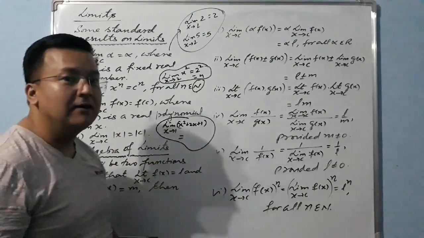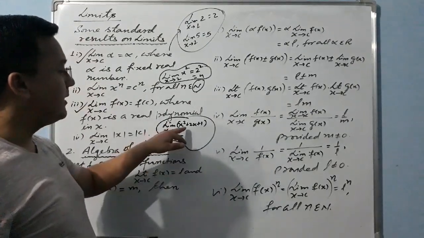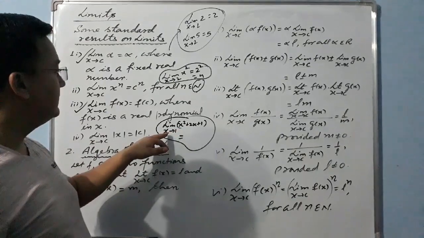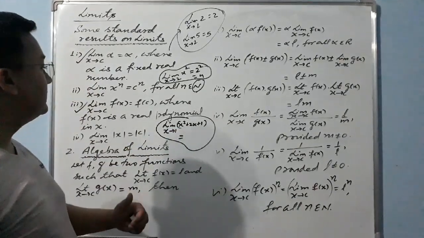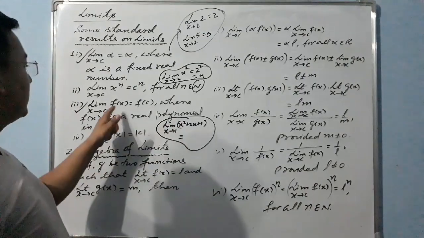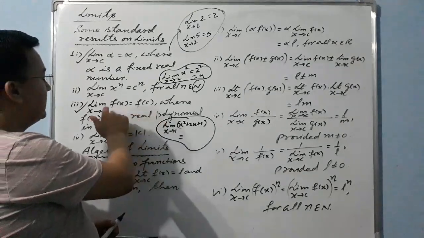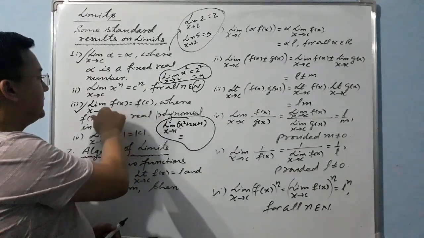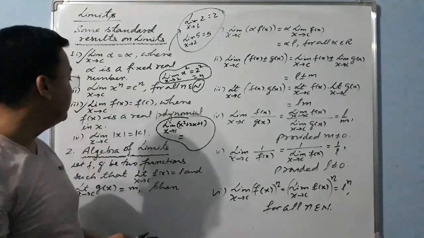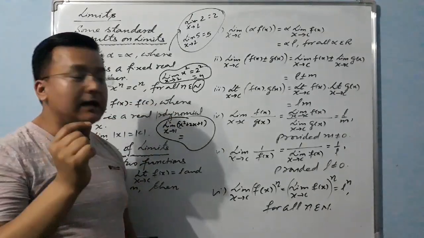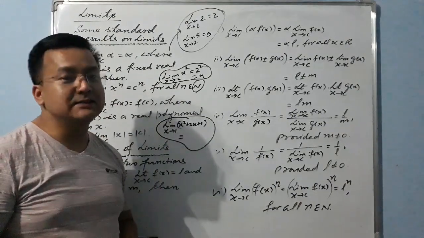If it's not clear, you can comment in the box. What will be the limit of this function? We can apply this: the limit of f of x as x tends to c is equal to f of c, where f of x is a real polynomial in x. Here x square plus 2x plus 1 is a polynomial.